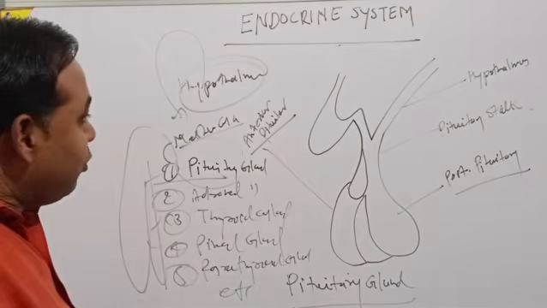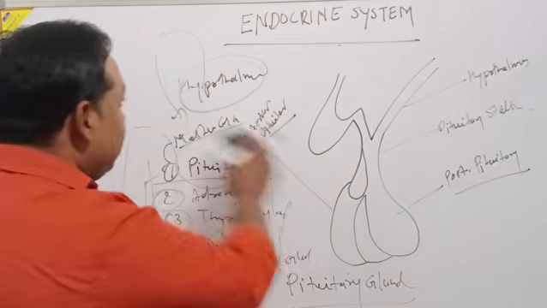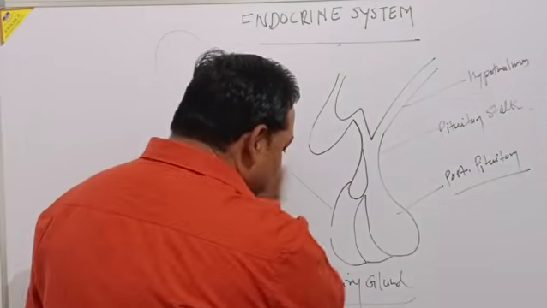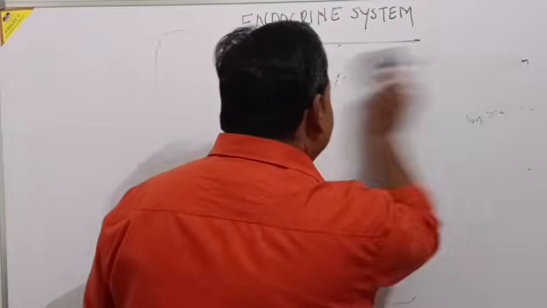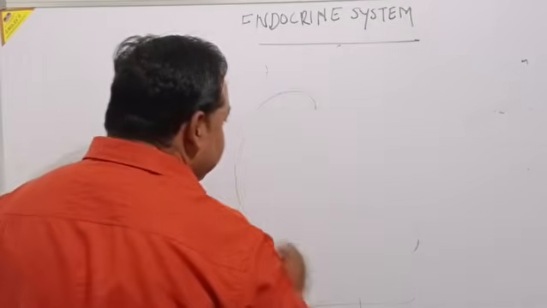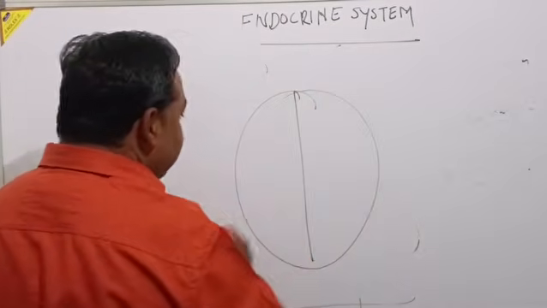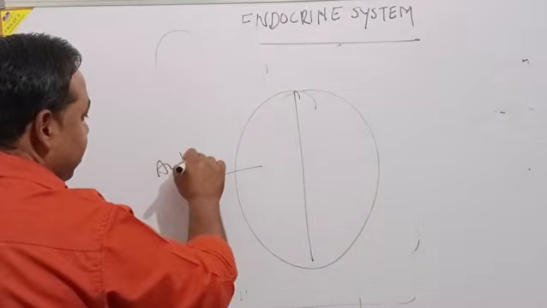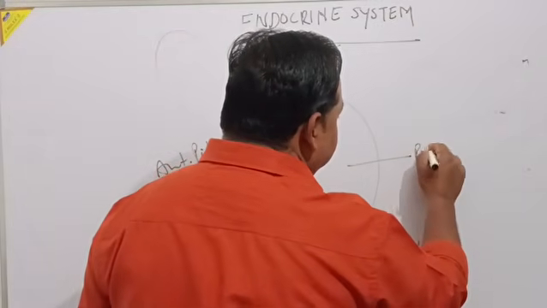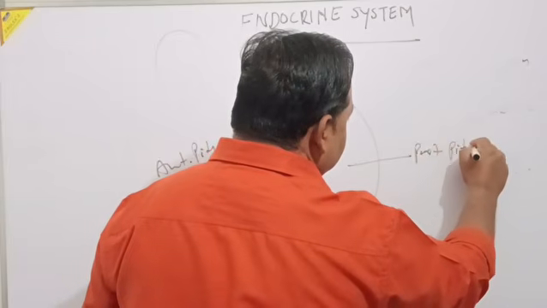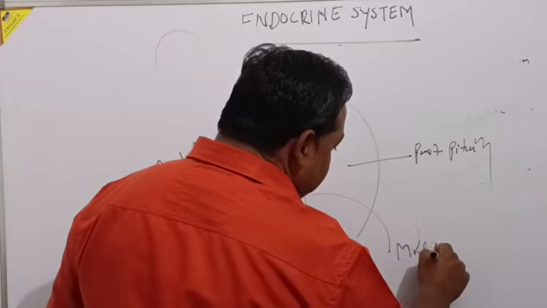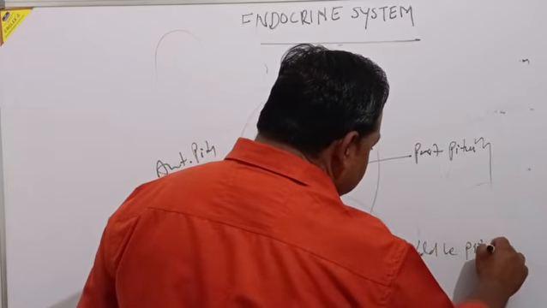So today I am going to discuss the pituitary gland, the master gland of the body. The pituitary gland basically has three parts. First one is the anterior pituitary, second one is the posterior pituitary, and this one is the middle pituitary.